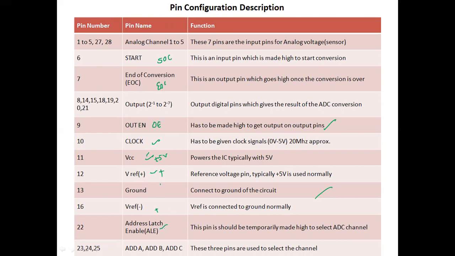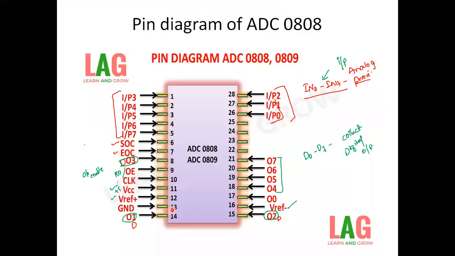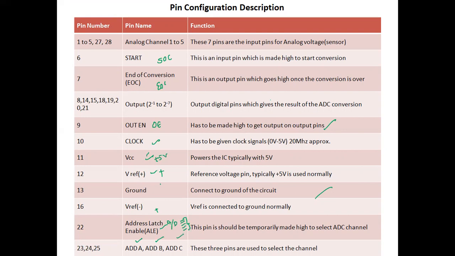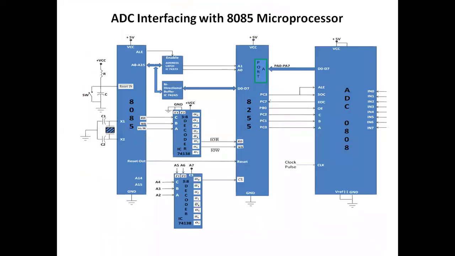Address latch enable, ALE, is used for differentiating address and data. We have combined multiplexed address and data lines, and in order to demultiplex, this address latch enable is used. And here we have A, B, C. These A, B, C pins are used to select the channel, based on which channel we want to select.